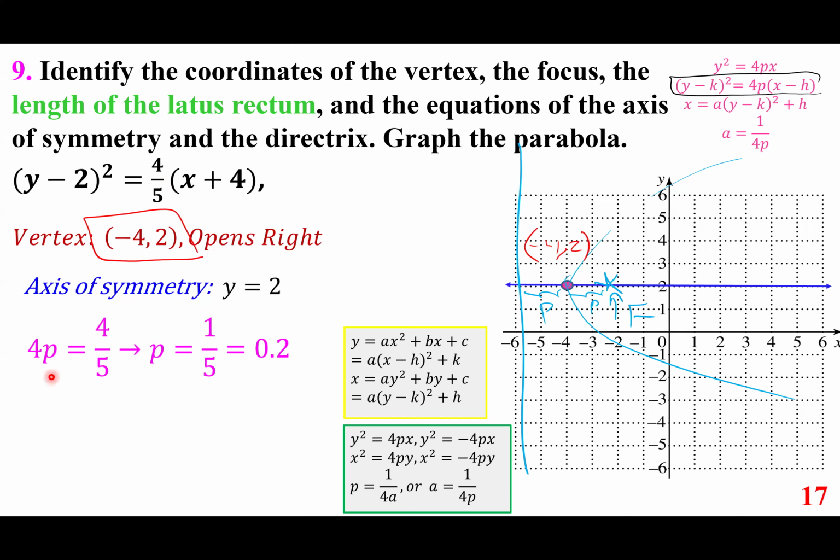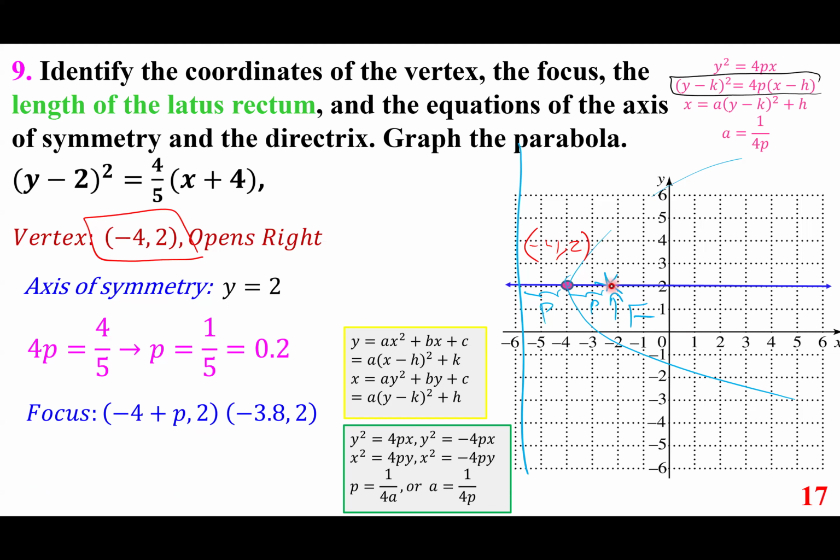The x coordinate is minus 4. The y coordinate is 2. So the focus has the same y coordinate. What about the x coordinate? Minus 4 plus p. Minus 4 plus 0.2 is minus 3.8.